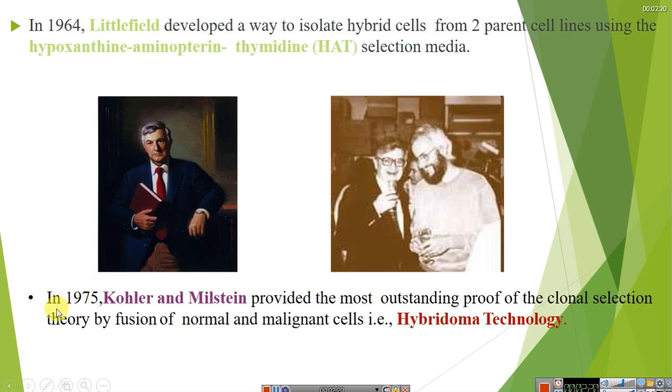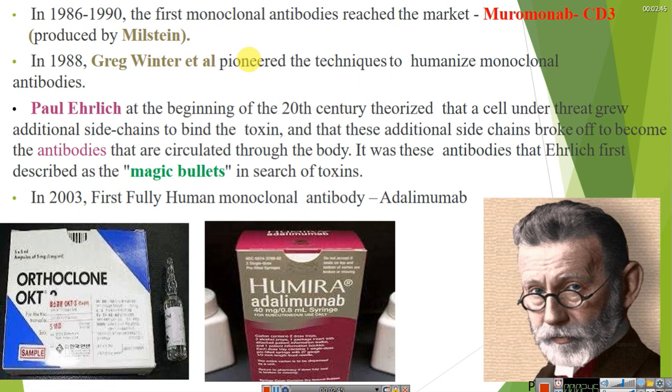And then in 1975, Kohler and Milstein provided the most outstanding proof of clonal selection theory by fusion of normal and malignant cells, and they devised hybridoma technology. Shortly, we will understand that also, and we will know what the features of HAT medium are and how it helps in selecting the hybrid cells, or hybridoma cells.